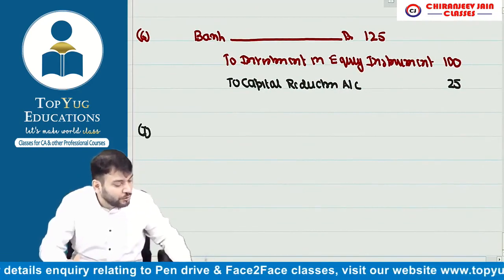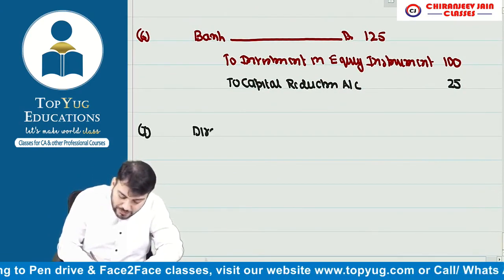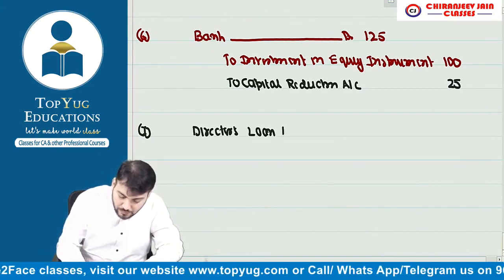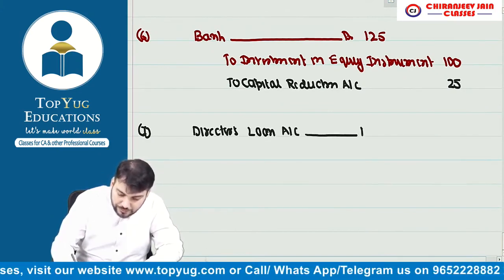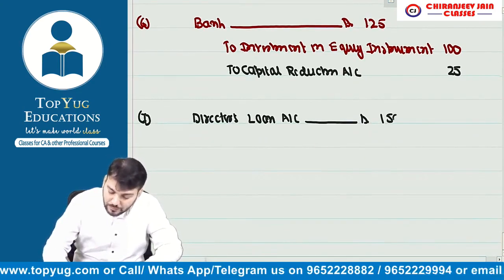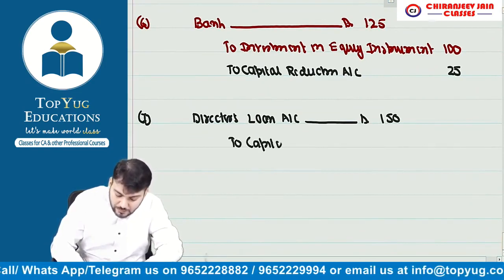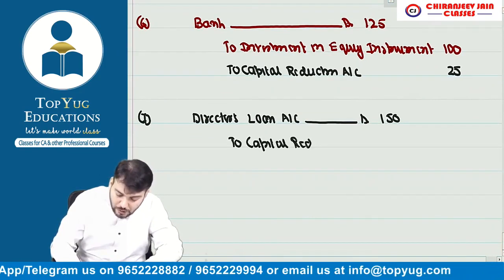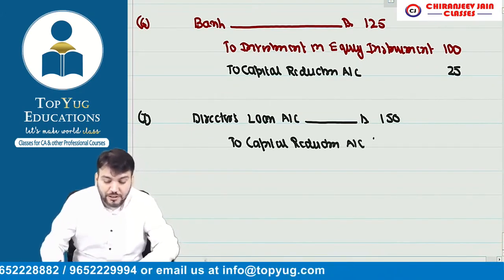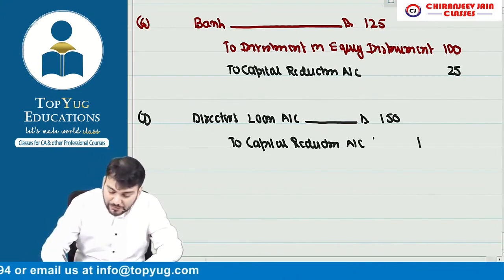Tell me how much director's loan is given in the balance sheet? It is 150 lakh. So we will write director's loan account debit, it is 150 lakh, to capital reduction account. 70% is reduced, so what is 70% of 150? 105 lakh.